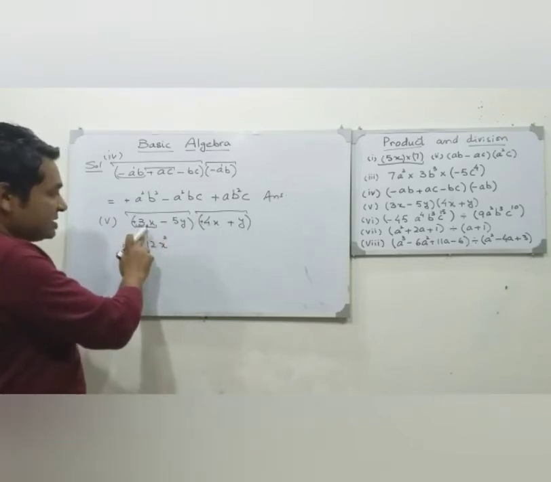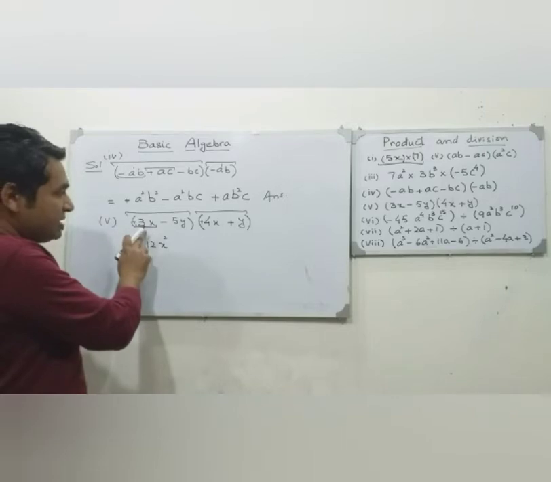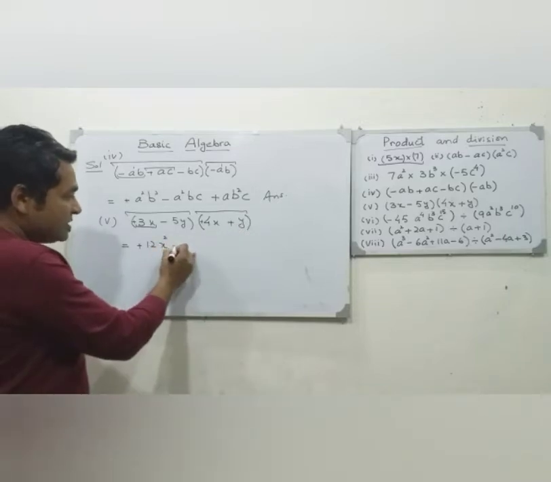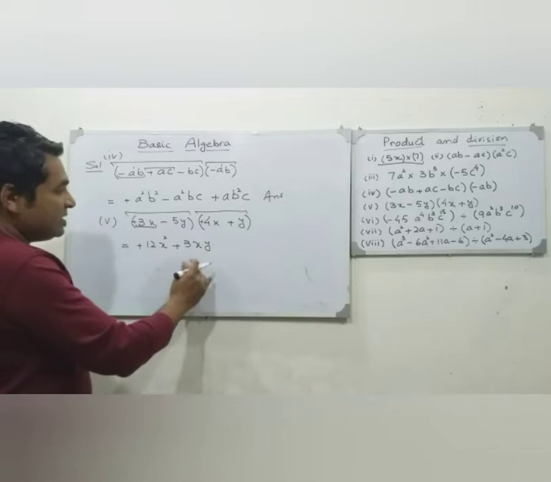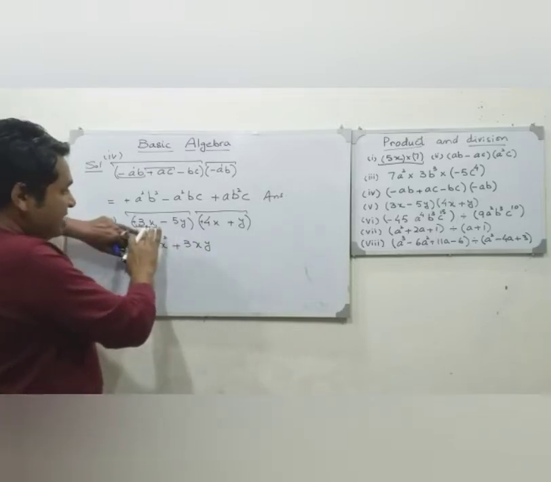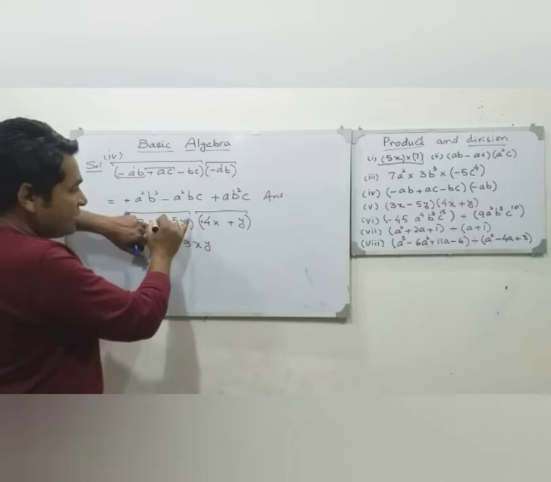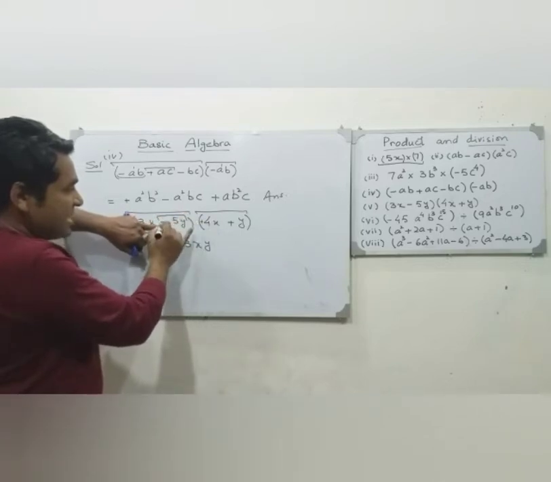Now this we have fixed, so we will multiply this with the other term, which is written in this bracket. So the other term is y, so positive times positive is positive, 3xy. Now we have multiplied, now ignore it, and the turn of this term has come, so only focus on it. So this is negative.